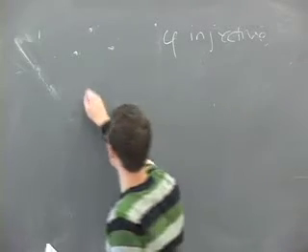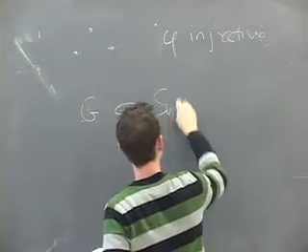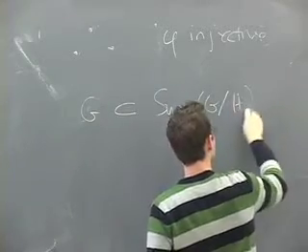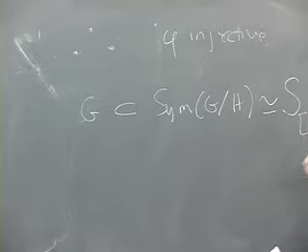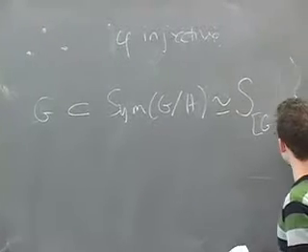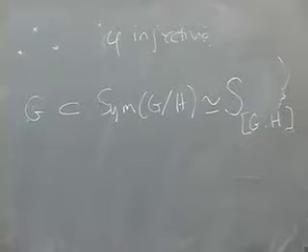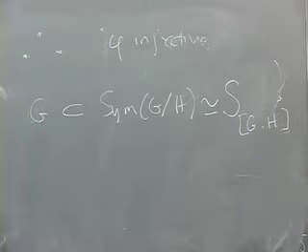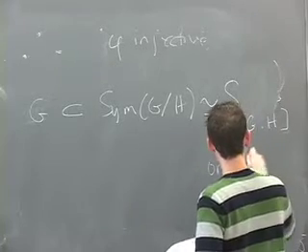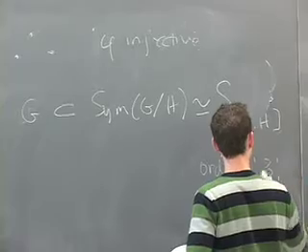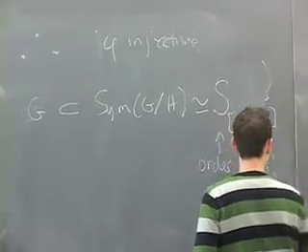So I have G, a subgroup of Sym(G mod H). Now this thing just looks like the symmetric group. Exactly. This is just the symmetric group on the index of H in G letters. So by hypothesis, this index was 2, 3, or 4. So this thing has order 2 factorial, 3 factorial, or 4 factorial.